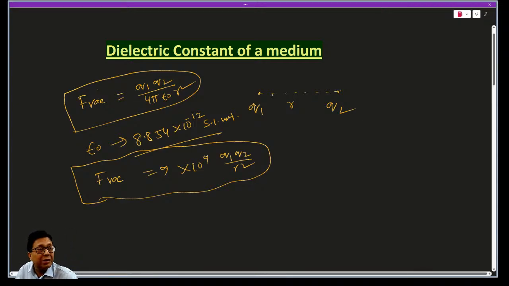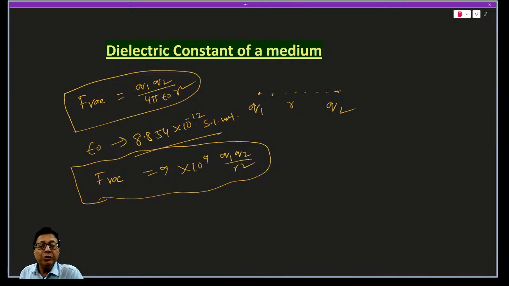It may be water. Maybe between two charges we have kept a medium which is filled with oil. Oil, water, whatever may be there, due to the change of medium, the formula will change. The two charges will experience less force in a medium other than vacuum. In vacuum, this is the maximum force.